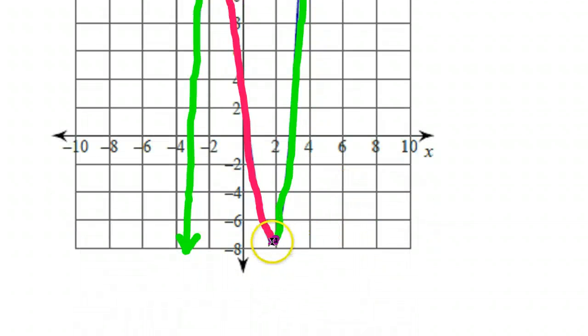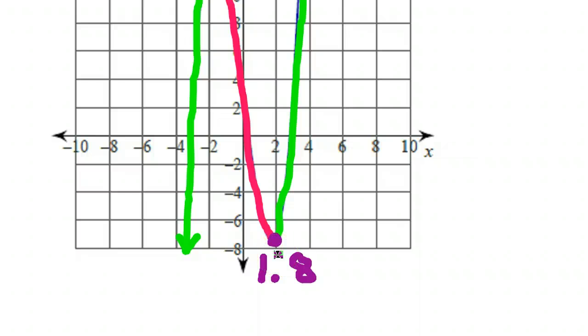Now the other point where it switched from decreasing to increasing was right here. And this is a little bit short of 2, it looks like. So this is about, I'm going to call it 1.8. But I'll give you a little leeway here.